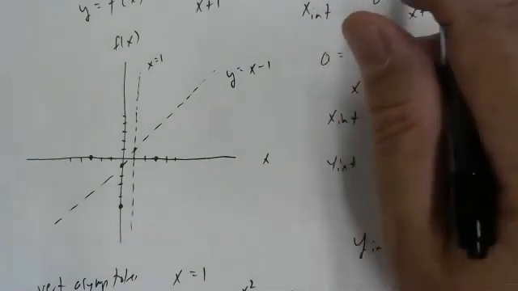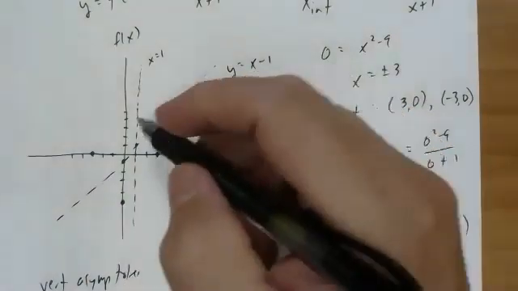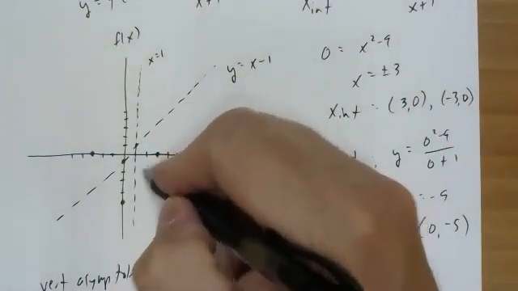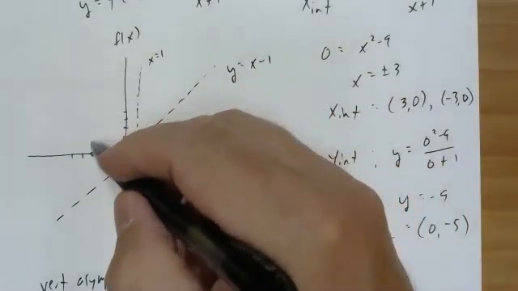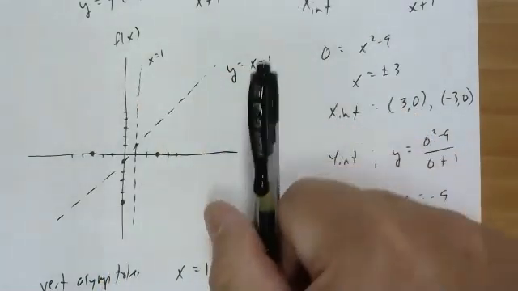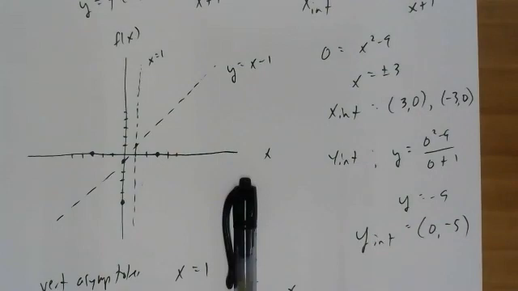And now if you want to actually do the graph, the last step is you sort of got to fill in. Now I've got some points here. So I know that my graph has to be over here somewhere. And I got a point here. But the tricky thing is you have no idea. If you do this long enough, you sort of start to see a trend. But to be honest, you don't always have any idea what it looks like.